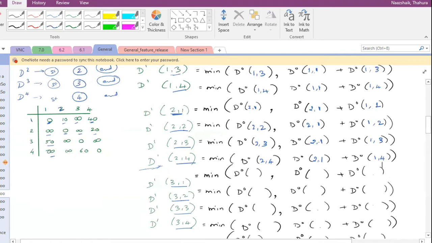Is this clear? Did you understand how this is built? Yeah. Anybody? Do you understand how we are building this? Yes, no. Yeah.